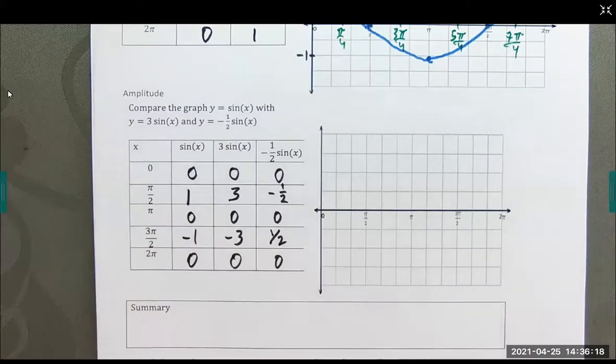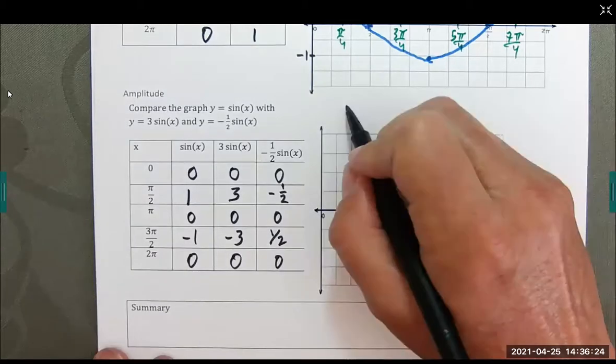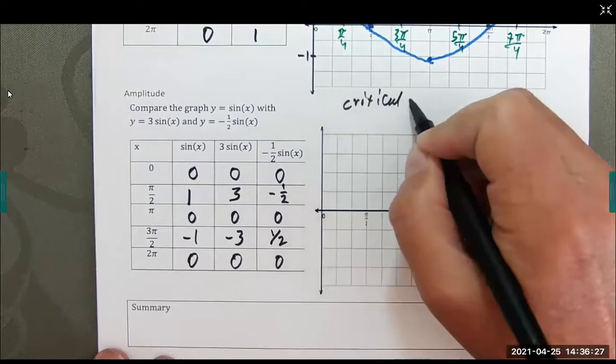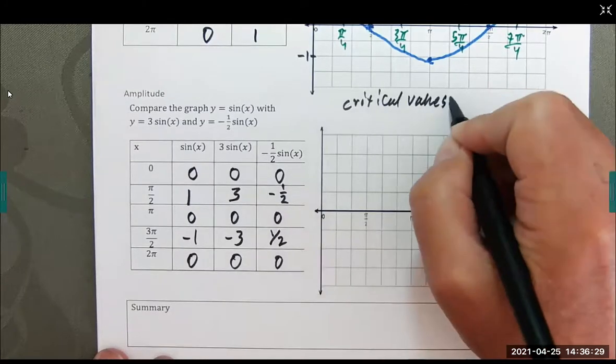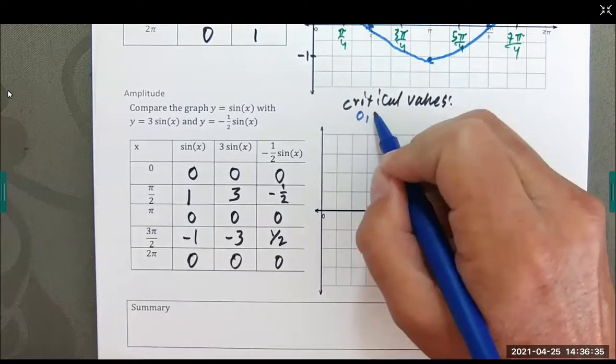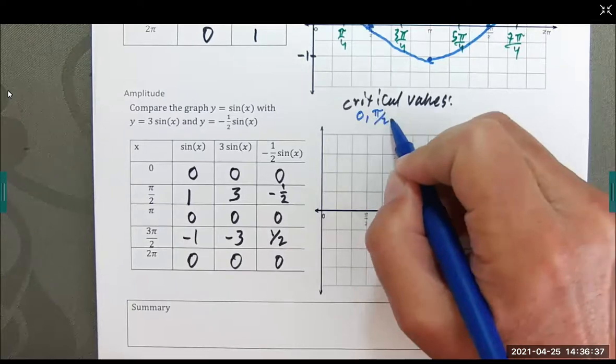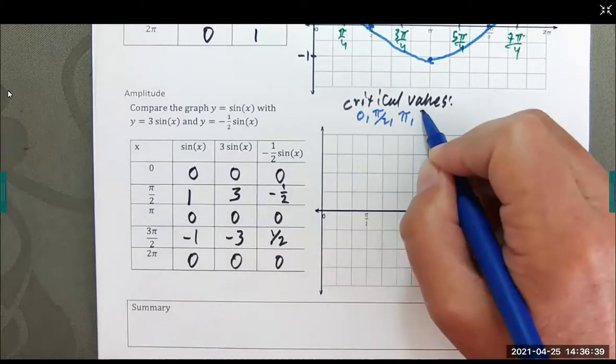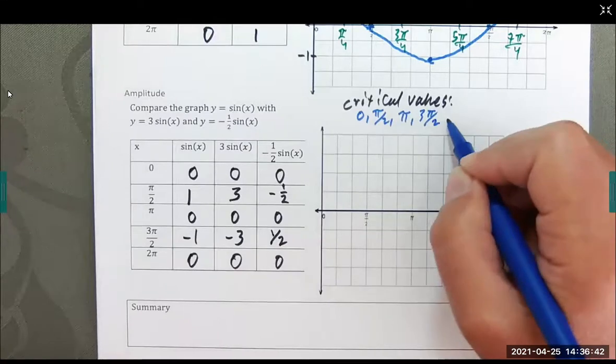Now, once again, our critical values in this case are going to remain the same. And those are going to be at 0, pi over 2, pi, 3 pi over 2, and 2 pi.